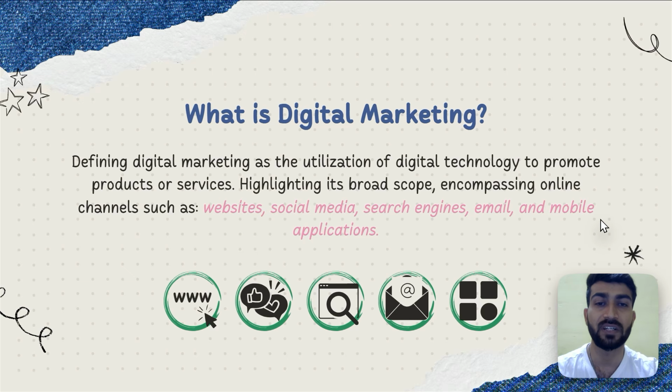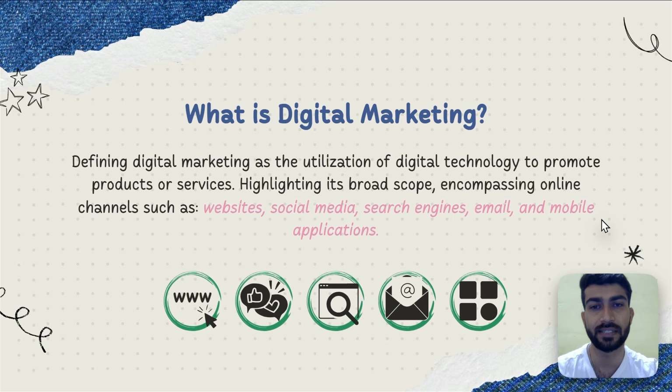But after some time, when we got new platforms like Instagram, Facebook, websites and everything, we saw it as an opportunity because we are getting a huge audience on digital platforms, right? We all know that most people are using these platforms.